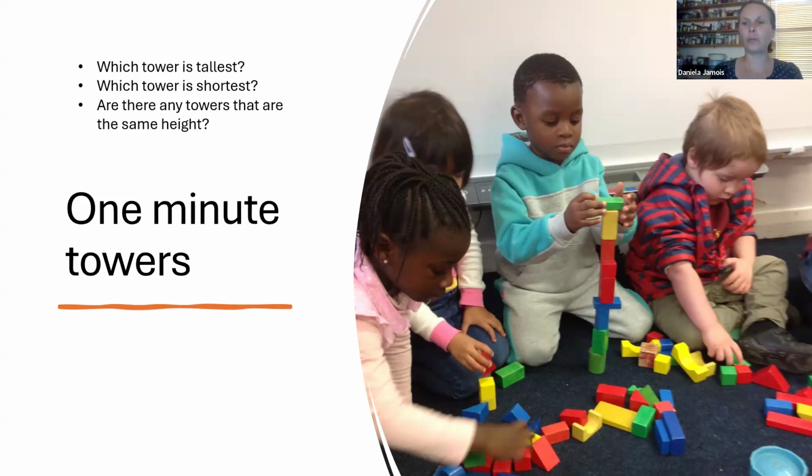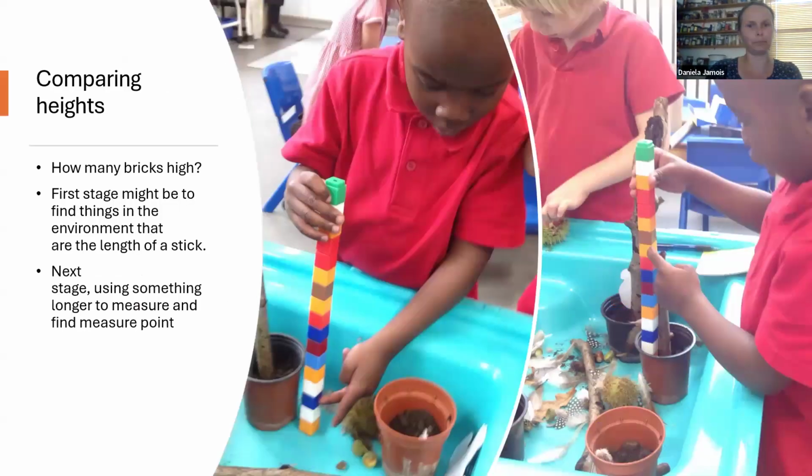So you might be talking about which is the tallest tower, which is the shortest tower, which are the towers that are the same. You might even start making comparisons between the height of 2 of the tallest ones, for instance, or 2 of the shortest ones.